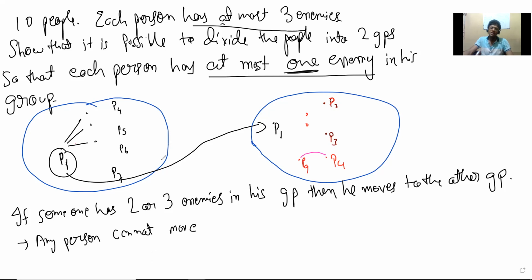So that's the fear, right? That is what I'm saying. And unless we explain why that cannot happen, it can happen. Any person cannot move more than twice. We thought this is correct, but now there is a big question mark.